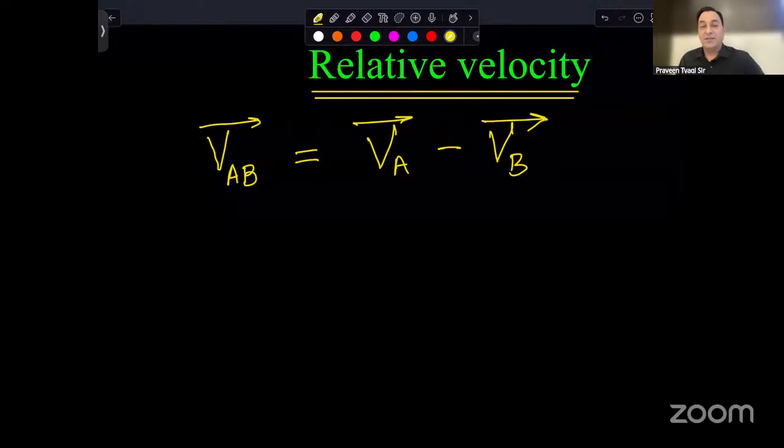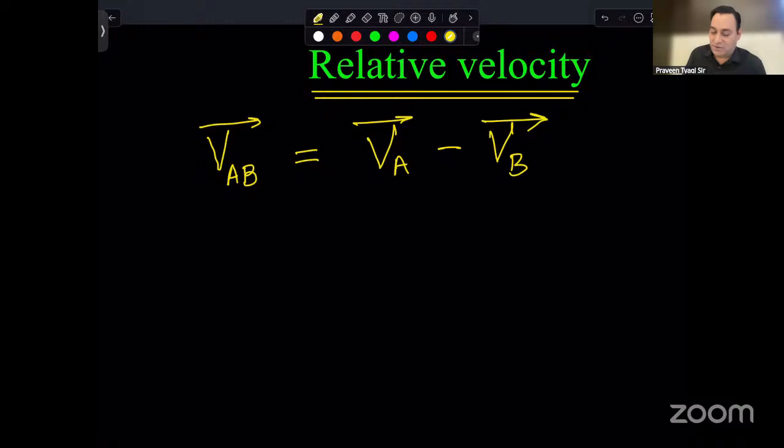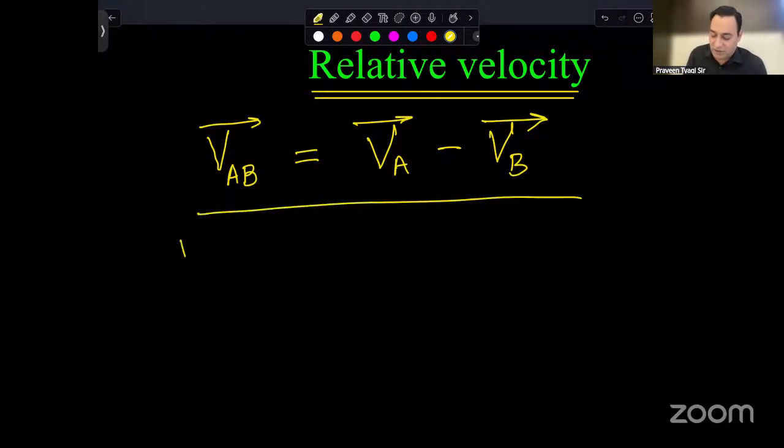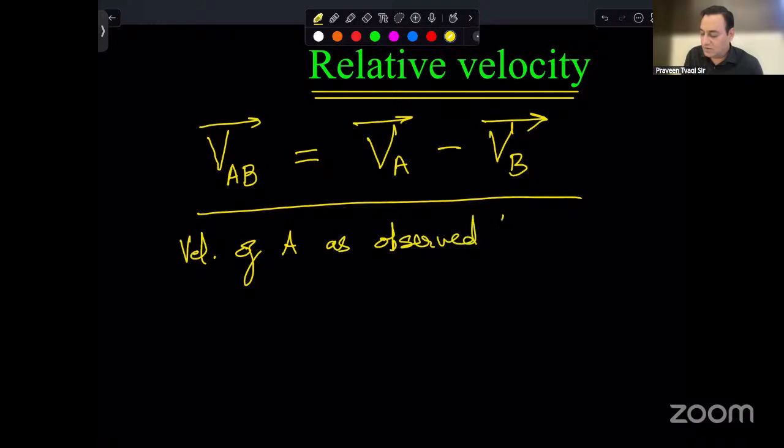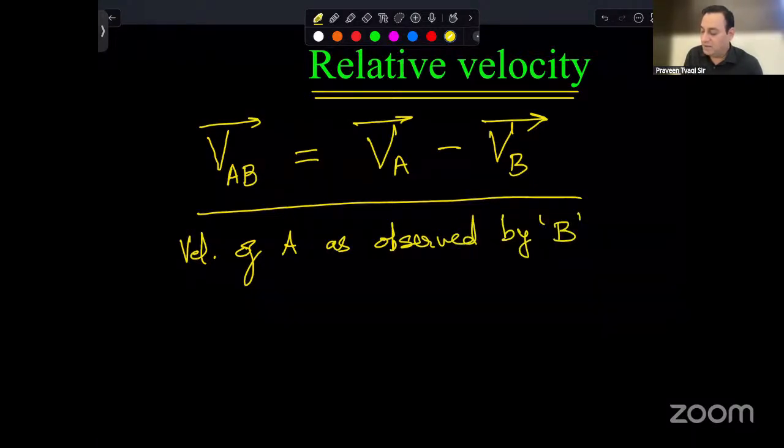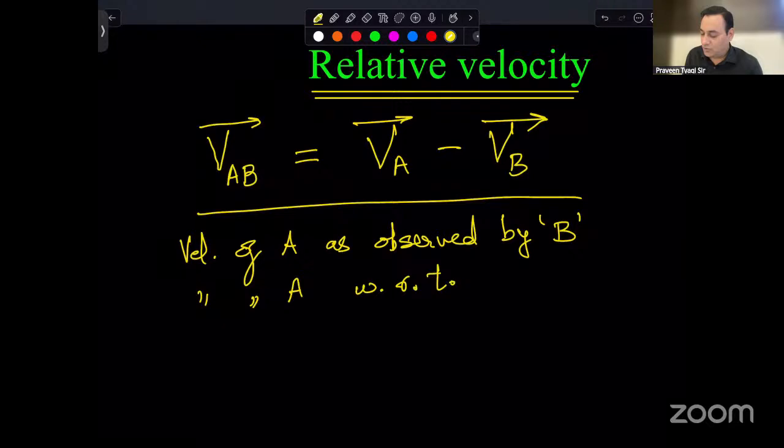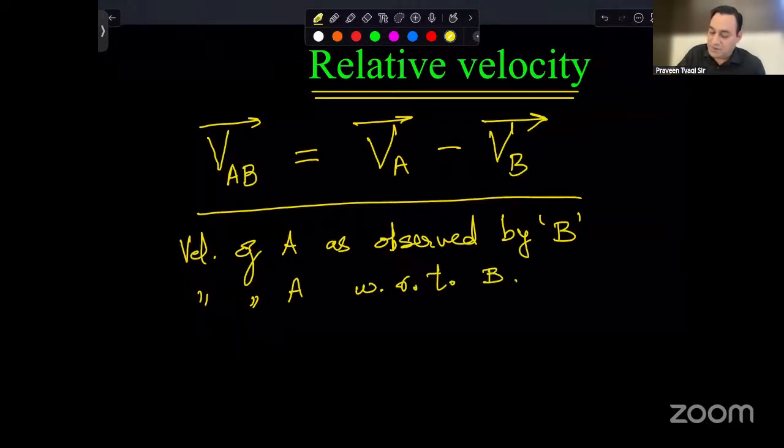And understand this one thing, to complete it and give you a proper exact definition, right now we have not written what this means. I'll add a few things here. This means velocity of A as observed by B, or velocity of A with respect to B. You have to understand that here B is the observer.